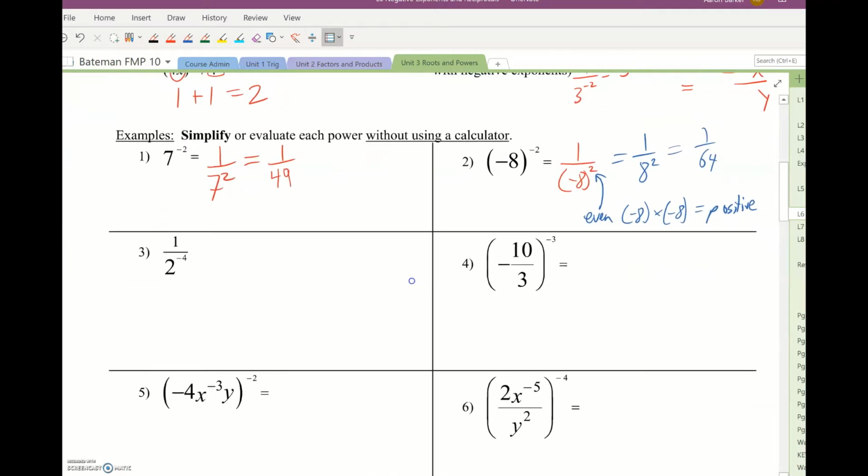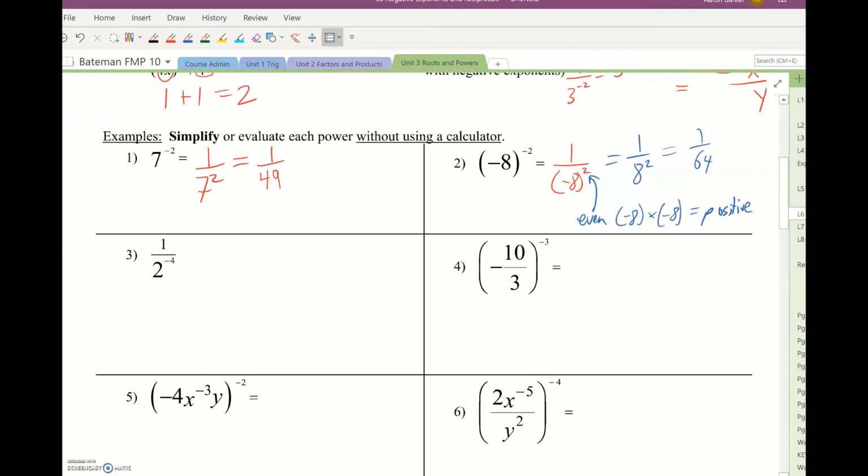Okay, next one, number 3. Go for it. Okay, so flip it out of the fraction and then evaluate. Okay, number 4. So number 4, now we have a fraction. Any ideas what happens with a fraction when you have a negative exponent?